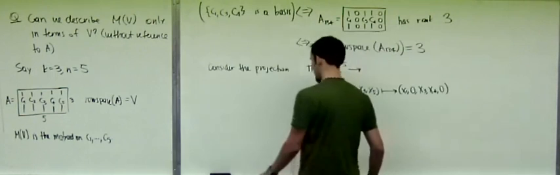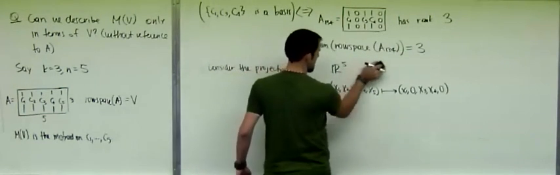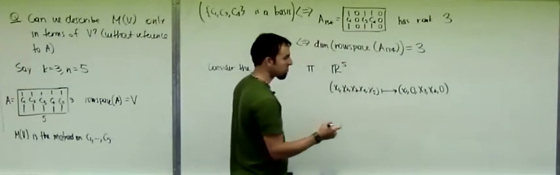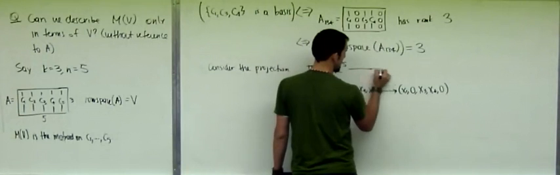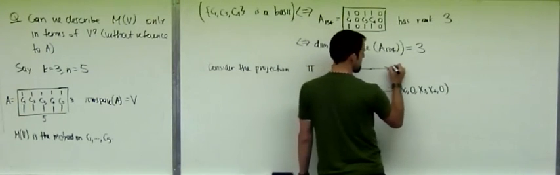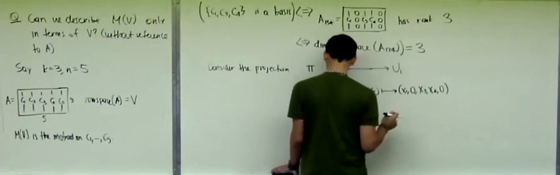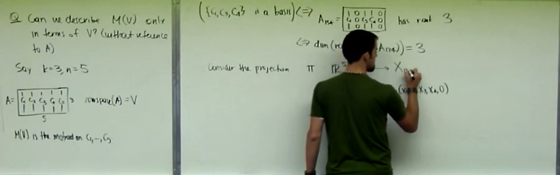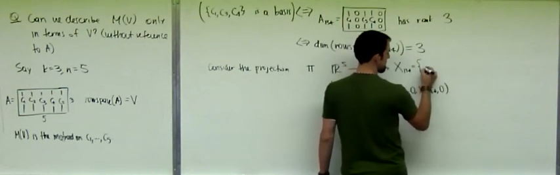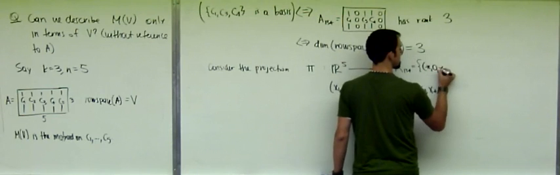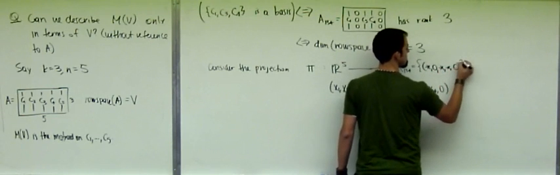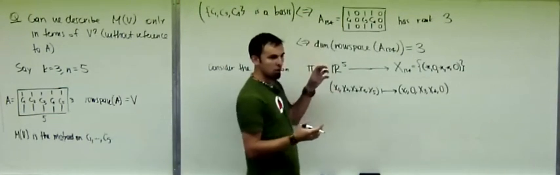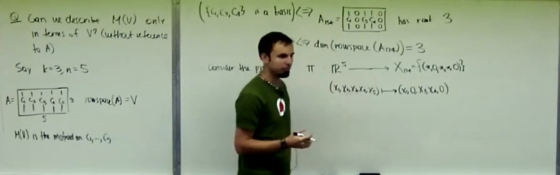But the image is going to be small. What's the image? The image is something that I'm going to call X134, which is the collection of points that have some coordinate here, this one is 0, some coordinates here, and this one is 0. So this is the projection of the whole space into the coordinates 1, 3, and 4.